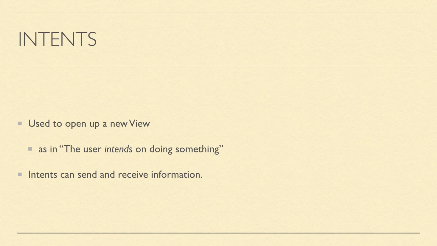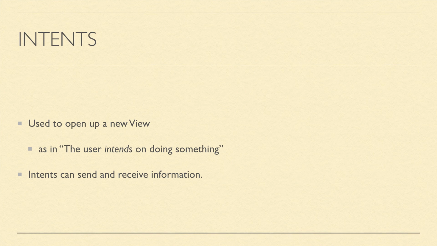So yeah. Anyway, as I said, an intent is the way you get from one activity to another. You have the two activities written in code and the XML and all this stuff, and you set up the intent object. An intent can also send and receive information as well. So you can pass information between activities through an intent.